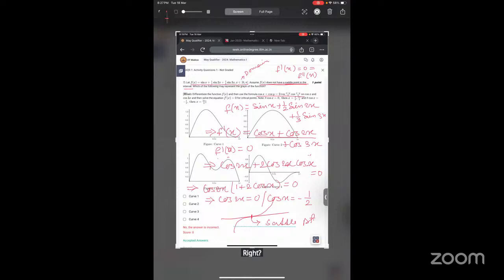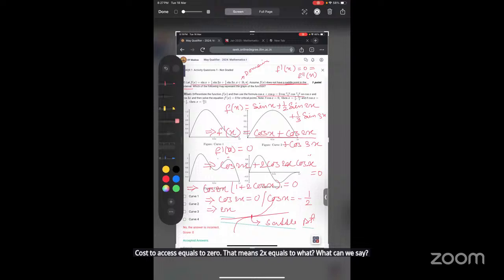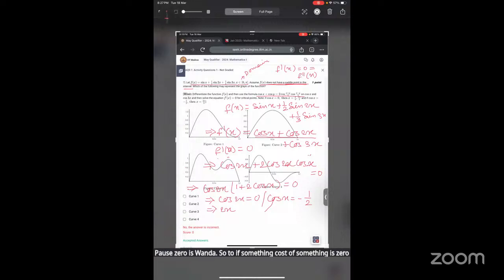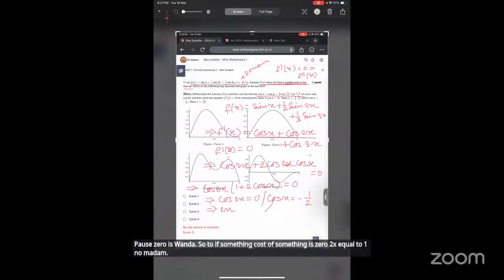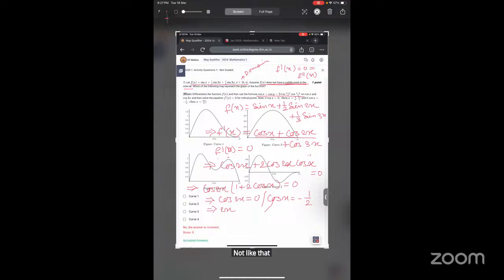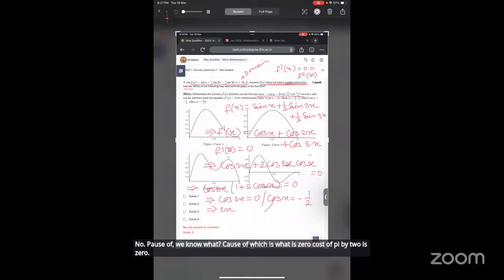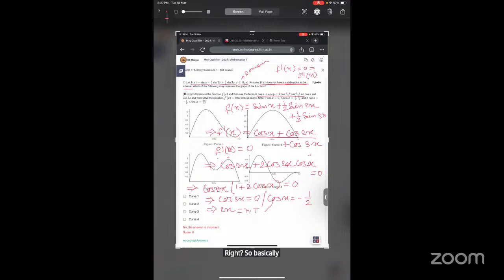Cos 2x equals 0. That means 2x equals what?